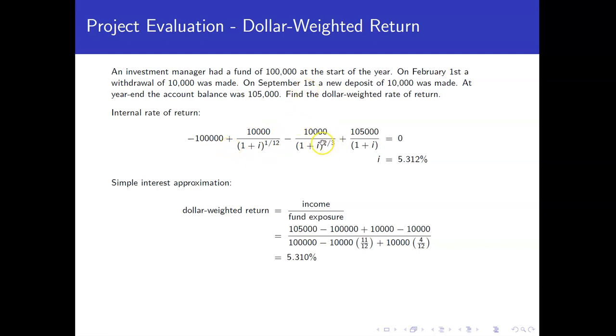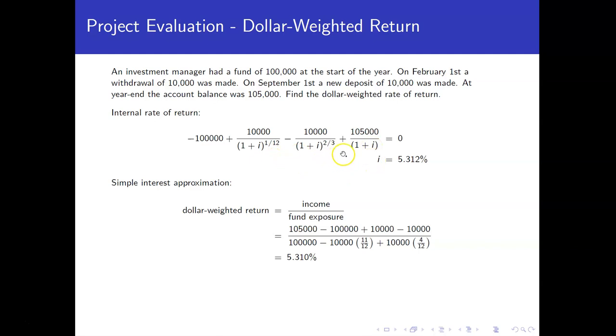On September 1st, or 8 months later, we put a new $10,000 into the account. So again, that would be a negative cash flow because we took our own money and put it into the account. And then at the very end, 1 year later, we could take out $105,000 because that's what's in the account. So we've got negative cash flows of negative $100,000 and negative $10,000. We've got positive cash flows of $10,000 and $105,000.